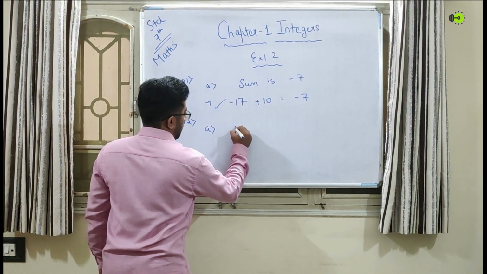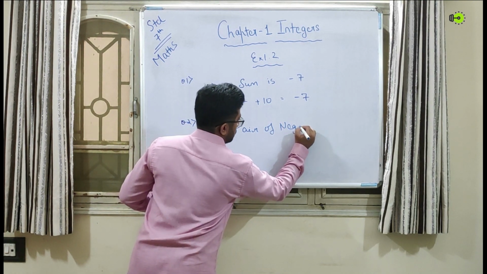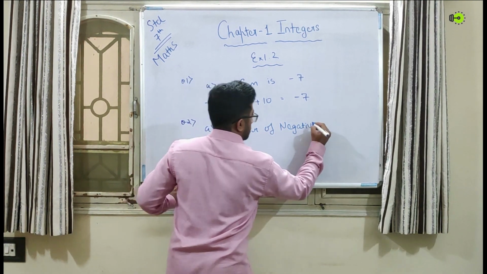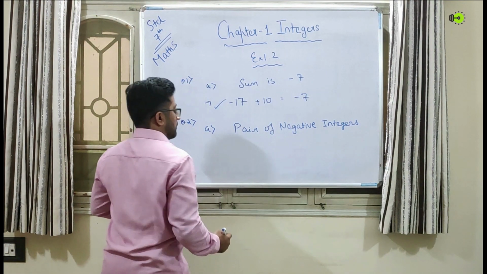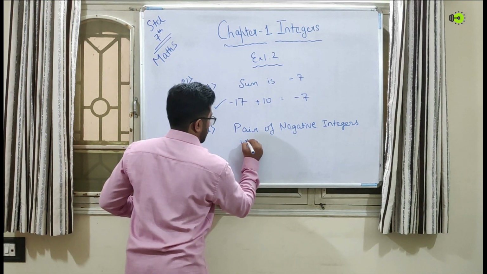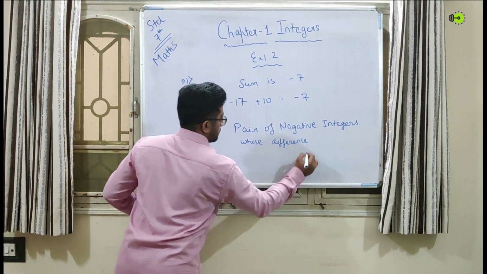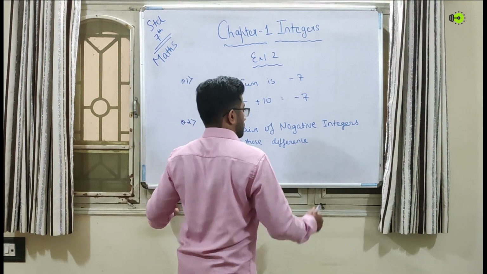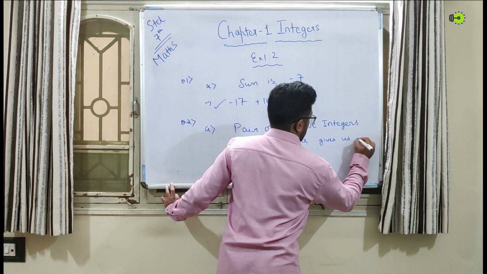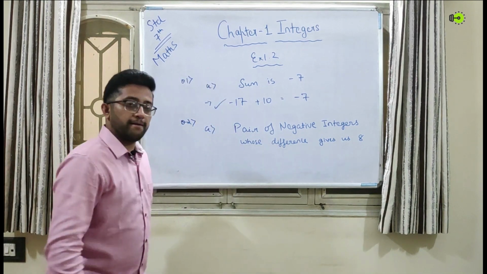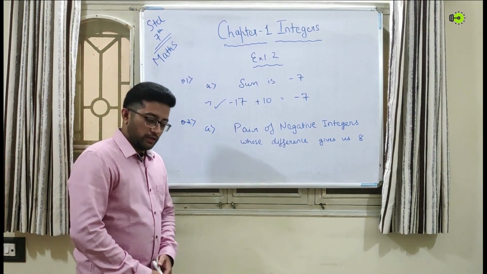See, we want a pair of negative integers whose difference gives us 8. Okay, please think about numbers which can give us this answer.